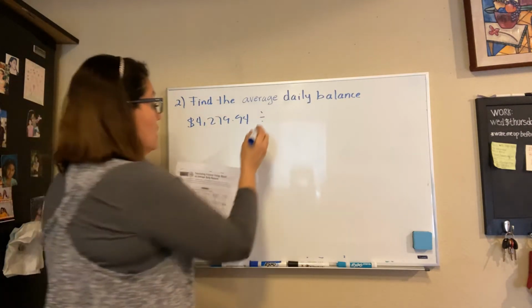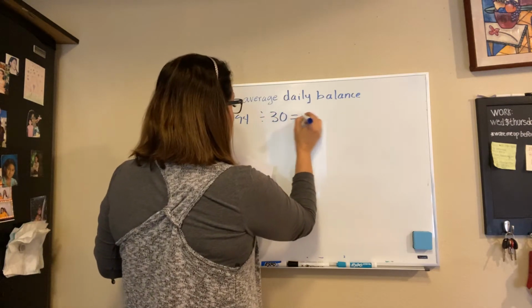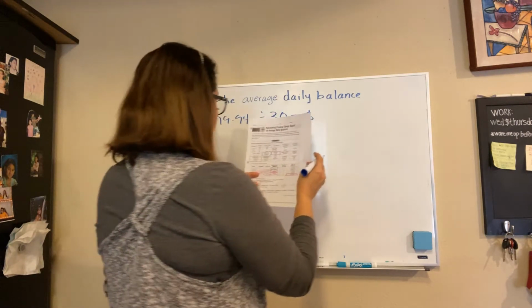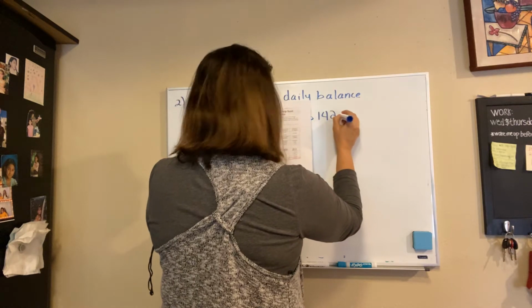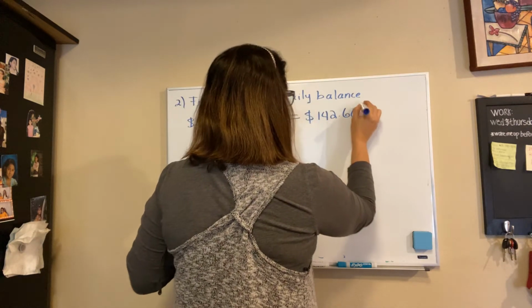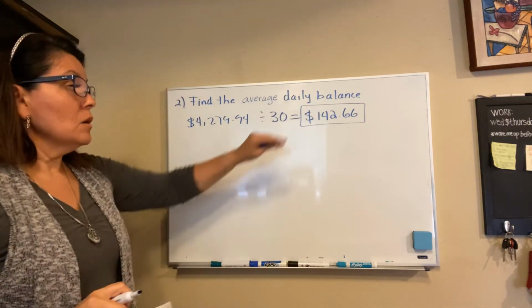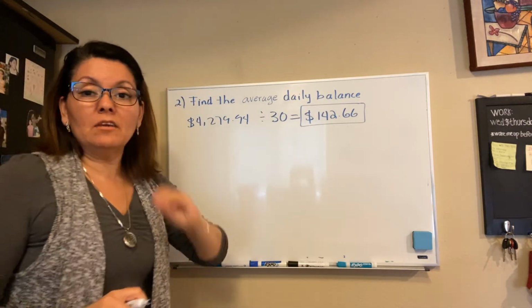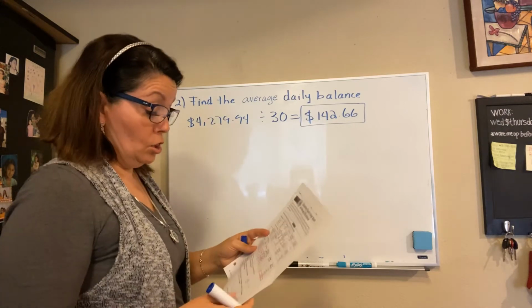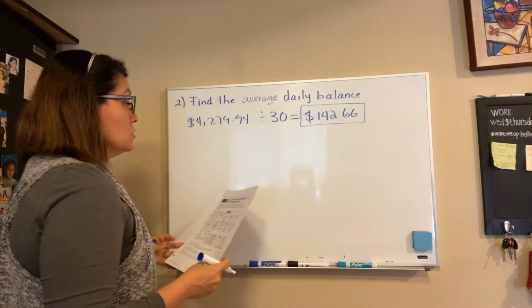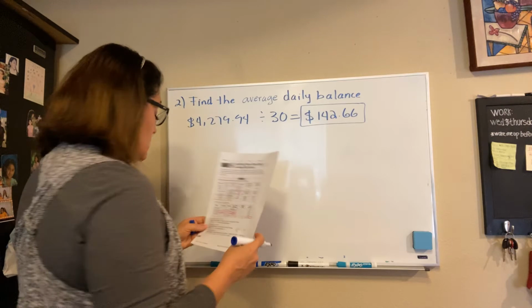We already said that it was 30 days. So when I divide it, I'm going to have 142.66. It is the average daily balance, okay? It is how much you spent daily for those 30 days, which is a lot, guys. Okay, so it is 142.66.